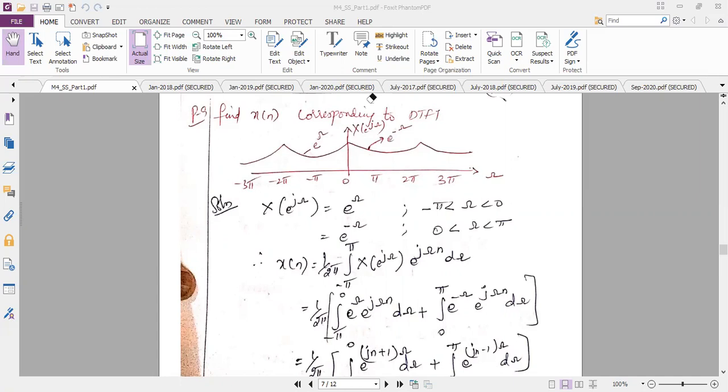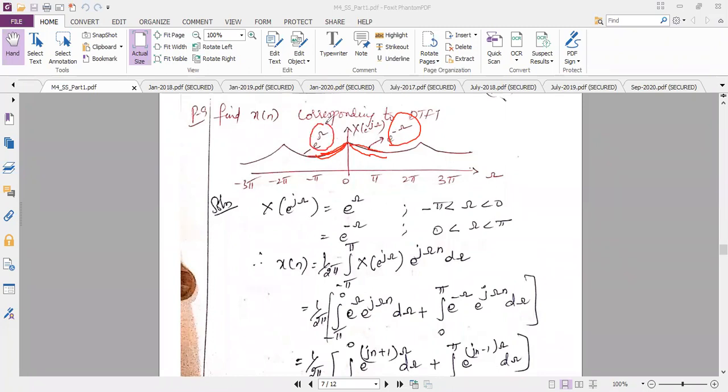Is it copied? Yes, ma'am. Okay, fine. So, see, it is an exponential graph. It is exponentially increasing and exponentially decreasing. And they have given the decreasing amplitude as e power minus omega, and the increasing amplitude as e power plus omega.